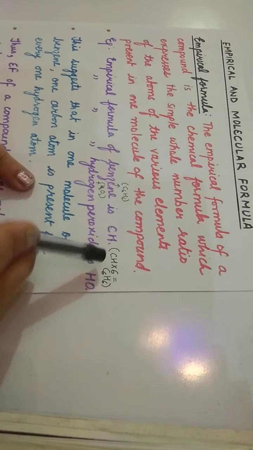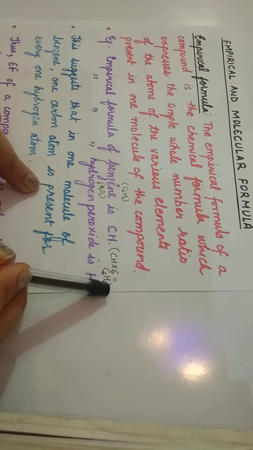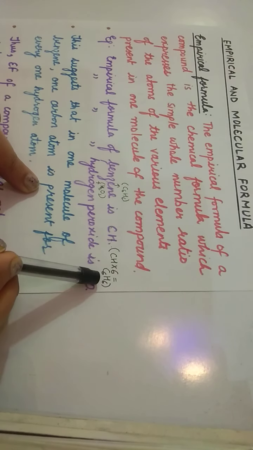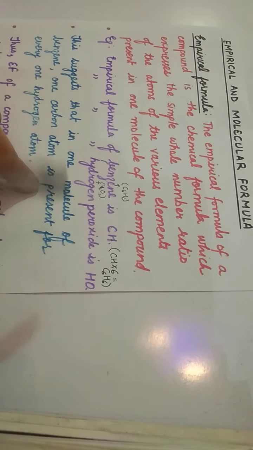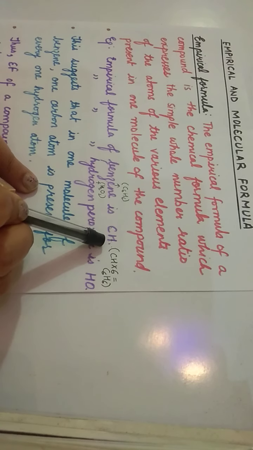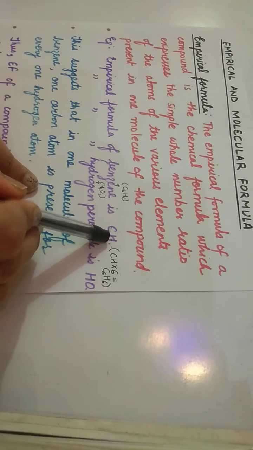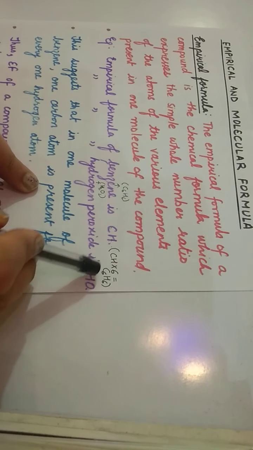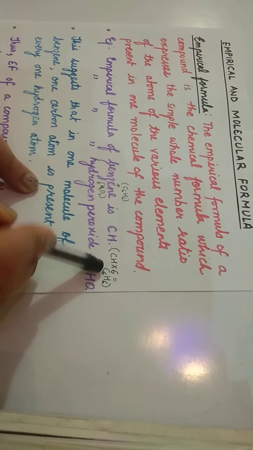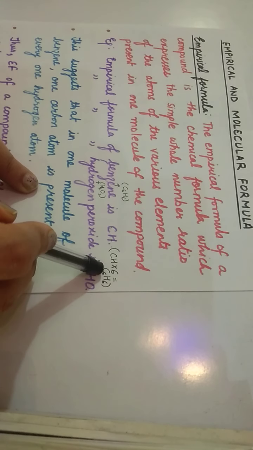That is, it gives you for one molecule of benzene, that is C6H6, one carbon atom is present for each hydrogen atom. For one carbon atom, there is one hydrogen atom. As you can see, for 6 hydrogen atoms, there are 6 carbon atoms.